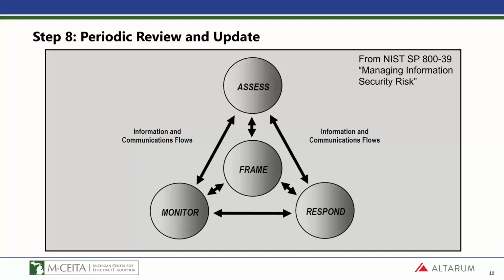Risk management is defined as the program and supporting processes to manage information security risk to organizational operations, assets, individuals, or other organizations, and includes: 1, establishing the context for risk-related activities, or framing; 2, assessing risk; 3, responding to risk once determined; and 4, monitoring risk over time.